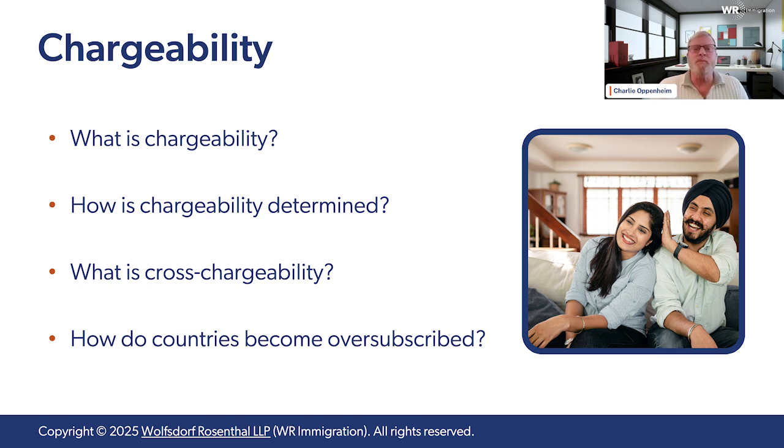Now, cross chargeability is, say, if a spouse, an Indian applicant, were in the employment third preference category, they were married to an applicant from another country, say Canada or whatever. Canada has a more favorable priority or final action date in employment third than India.